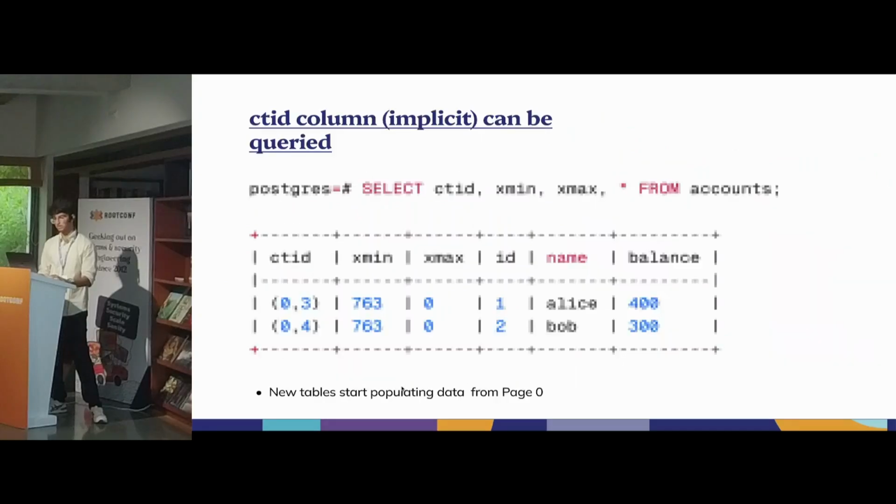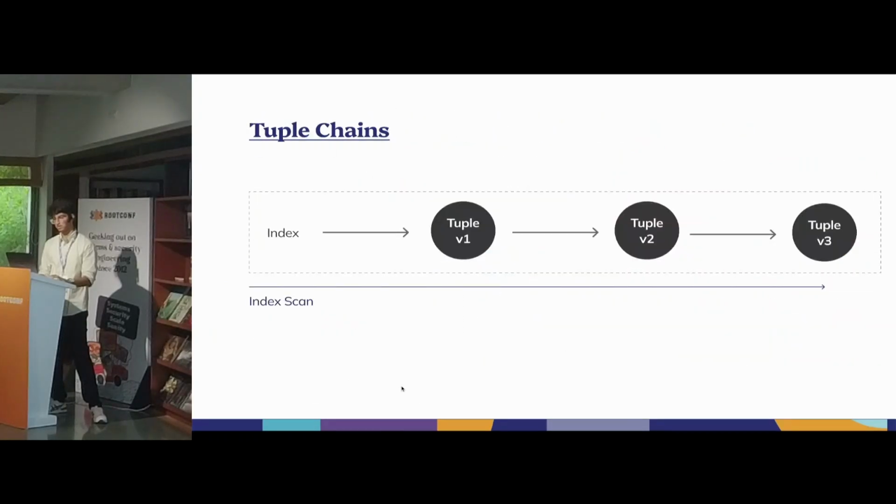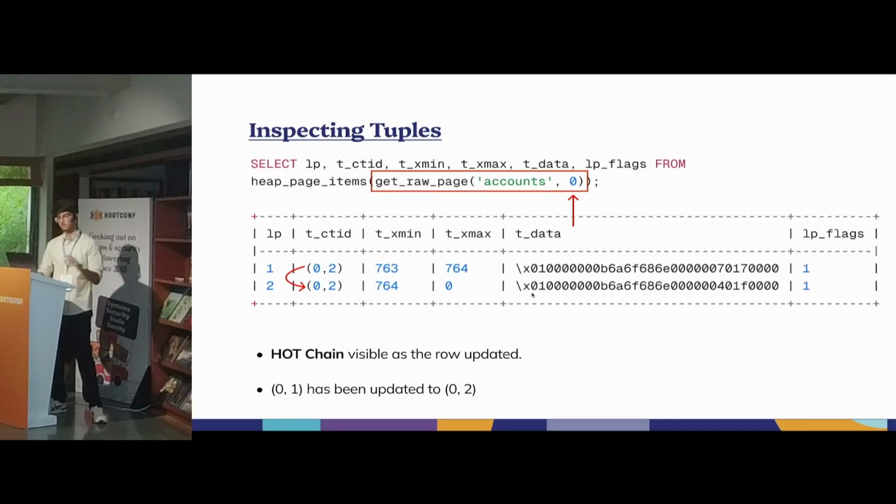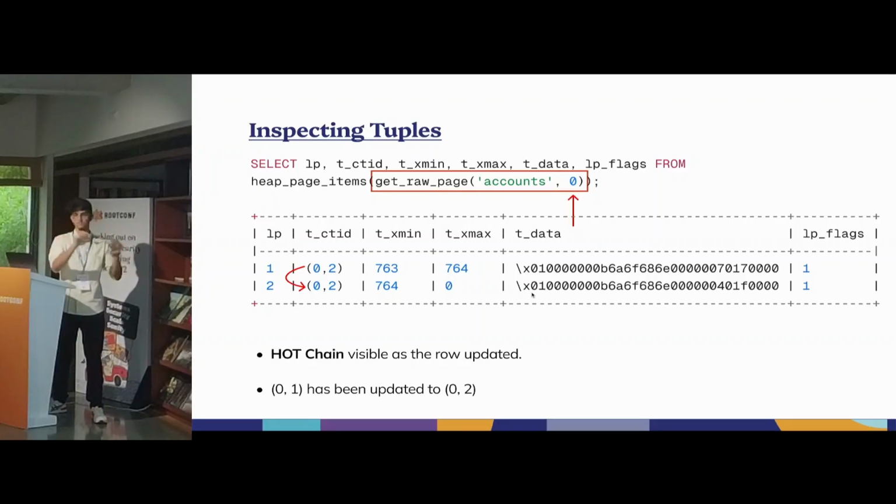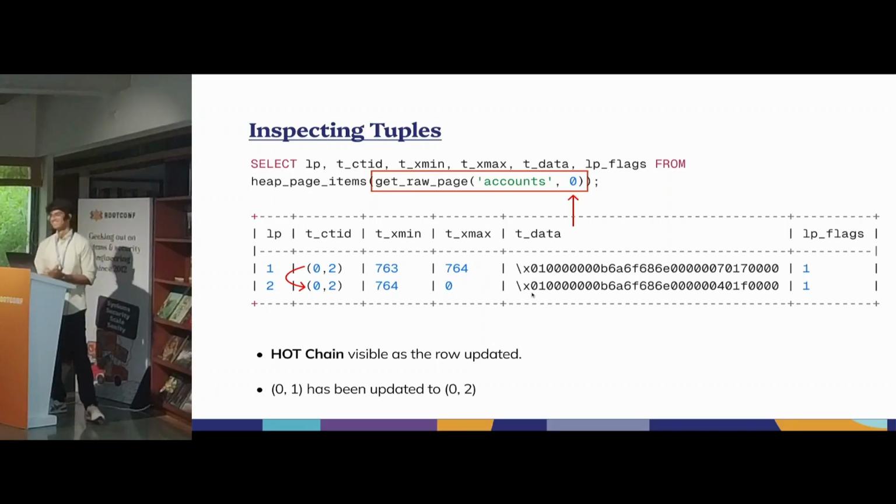You mean the t_data? Yeah, t_data. This is the raw structure of how the tuple is stored. Obviously, if your data changes, the hexadecimal string will also change. Yeah, that should be a concern. Hmm.